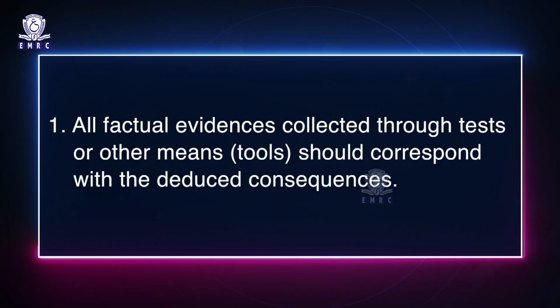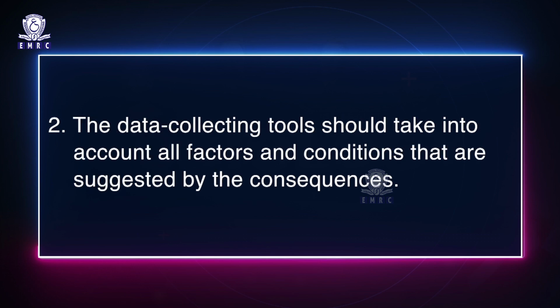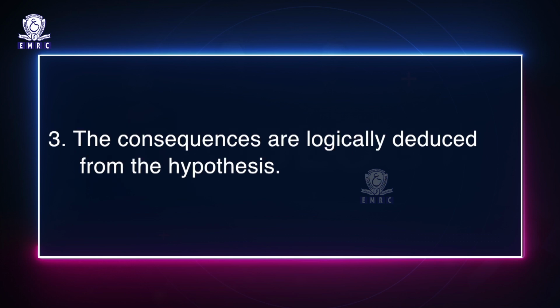The necessary conditions for confirmation are: firstly, all factual evidences collected through tests or other means or tools should correspond with the deduced consequences. Secondly, the data collecting tools should take into account all factors and conditions that are suggested by the consequences. Thirdly, the consequences are logically deduced from the hypothesis.